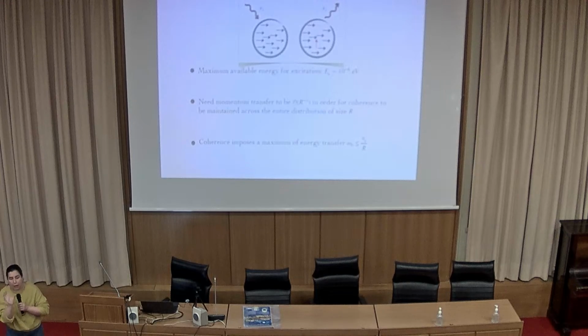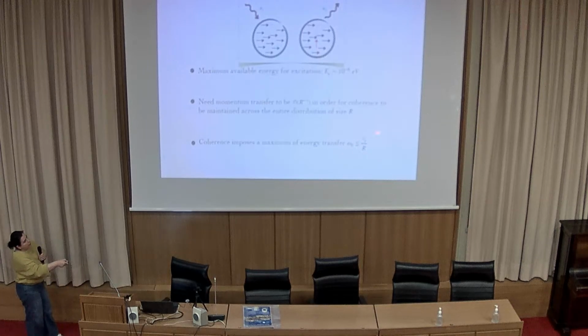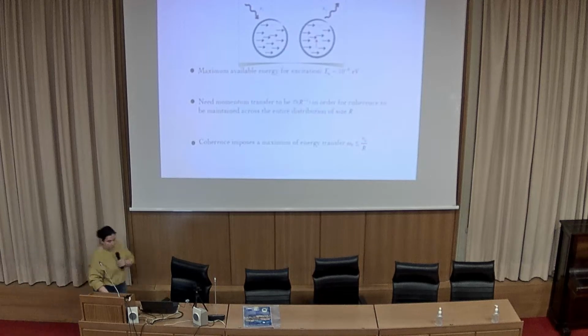So if we require that the momentum transfer be less than the inverse size of the object that we use, it puts an upper bound on the energy transfer we can have and still maintain coherence. And if you do energy conservation, you find that the maximum energy splitting between the spins has to be less than the velocity of the neutrinos divided by the size.